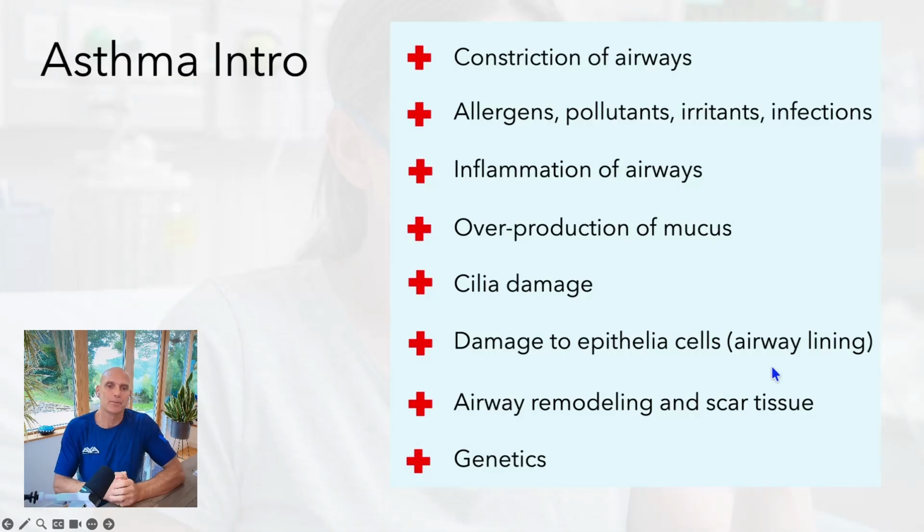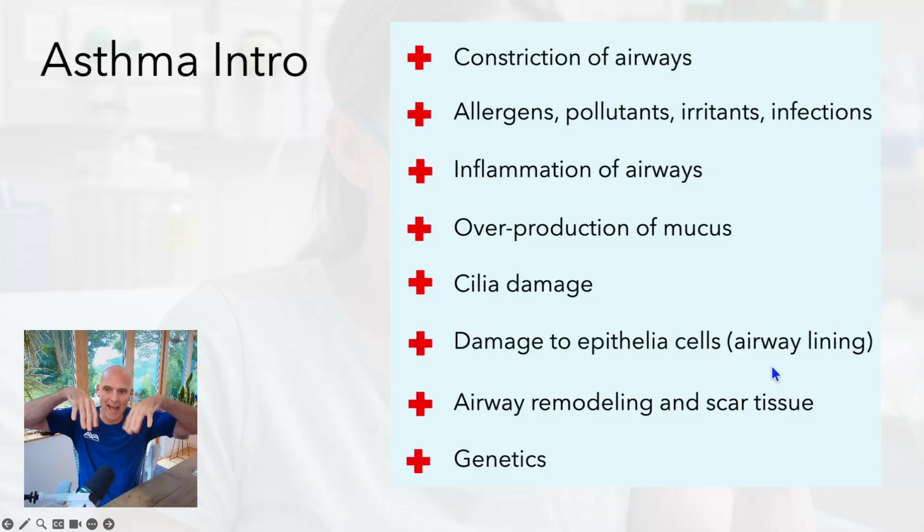There is also an overproduction of mucus. Mucus is a natural part of the lining of all the airways, and it's designed to trap irritants and allergens and clear them away. Cilia are a big part of that process as well.